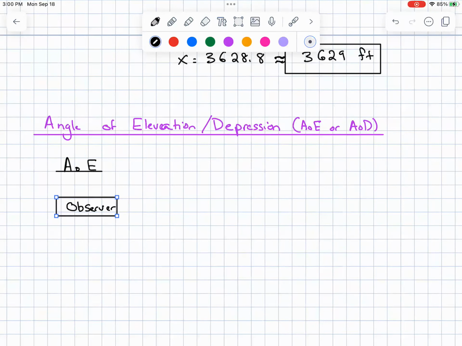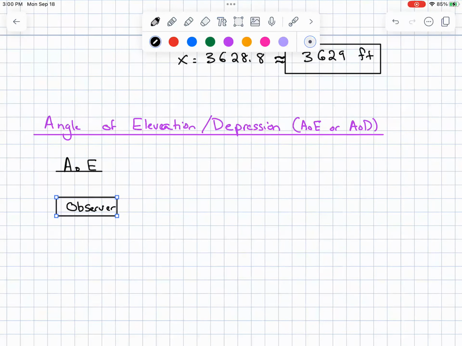And then the object being observed is above them, up here. The angle that is formed here is the angle of elevation.